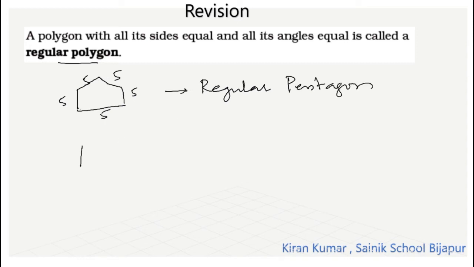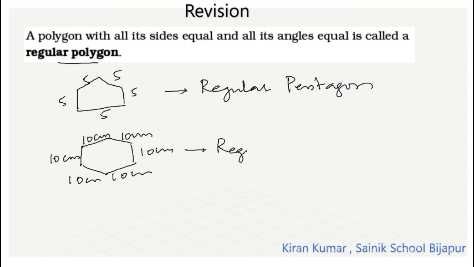If you have another figure, in this figure, if each side is say 10 centimeter, it is called regular, and we need to count the number of sides here.